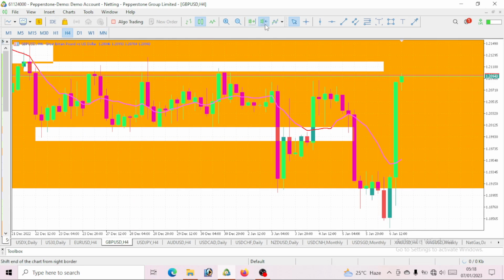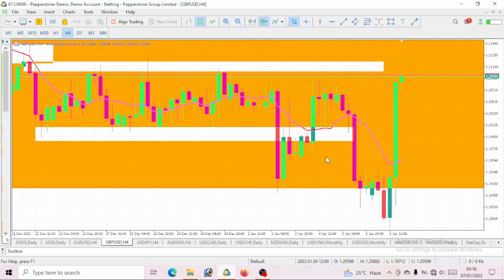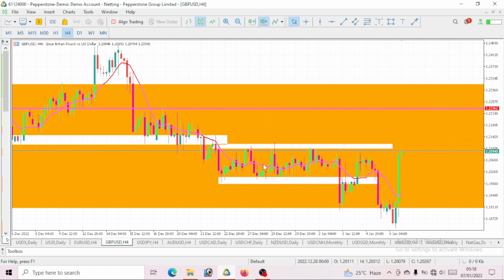Now let's see what this 4 hour time frame is saying. We can see on this 4 hour time frame, if you were following consistently, that we were once ranging within this level, right? We saw that price came to this kind of resistance level, then dropped to the support level, and again came to the resistance, then to the support. Price kind of ranged within this level.